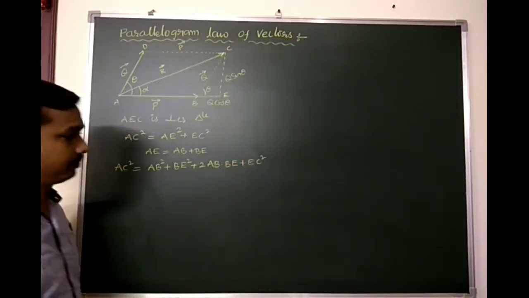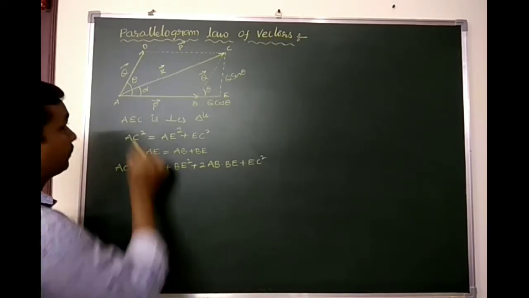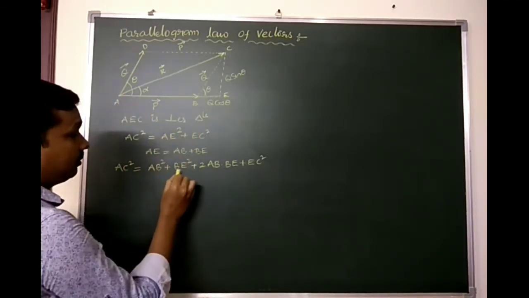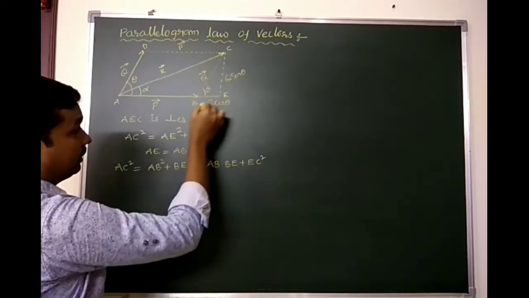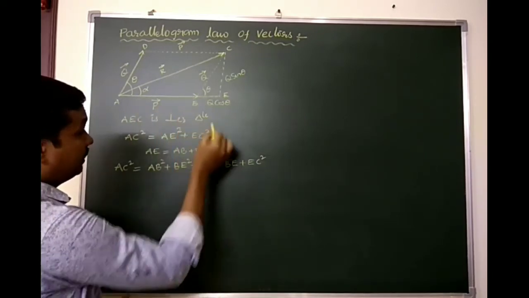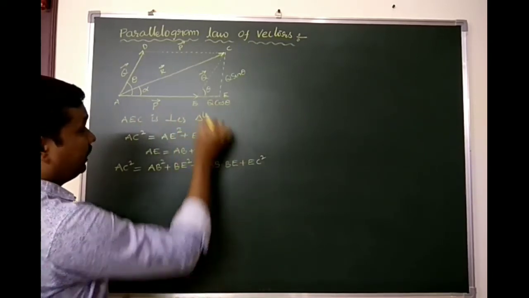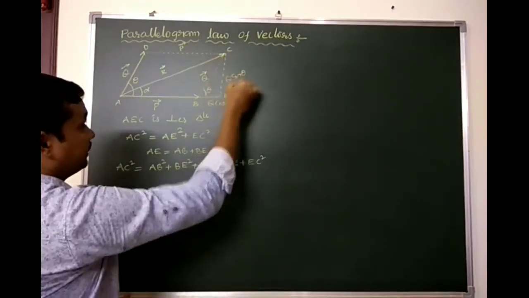Here what do we know? AB is the P vector, BE is Q cos theta, and EC is Q sin theta.